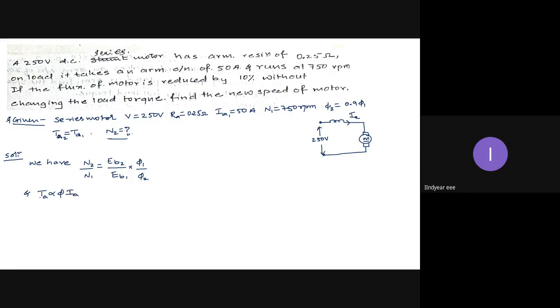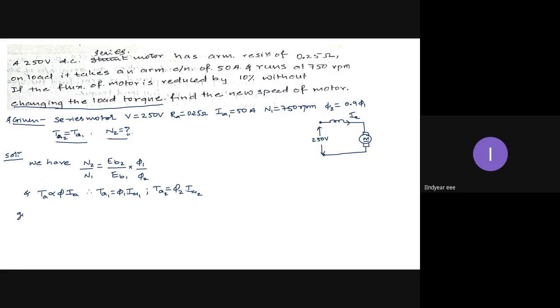Therefore I can write TA1 is equal to phi1 into IA1, and TA2 is equal to phi2 into IA2. But in the given statement, it is mentioned that the load torque remains constant if the flux of the motor is reduced by 10% without changing the load torque. It means my TA1 is equal to TA2.